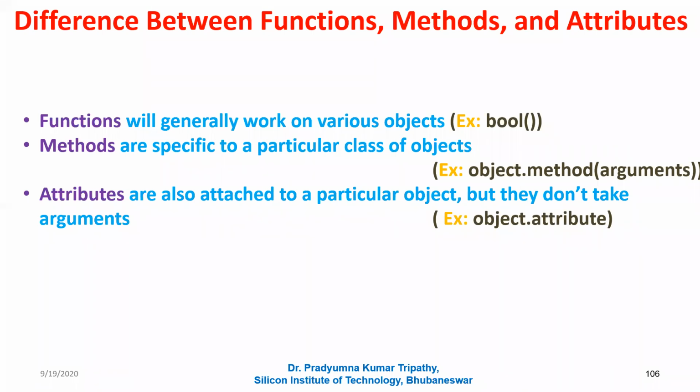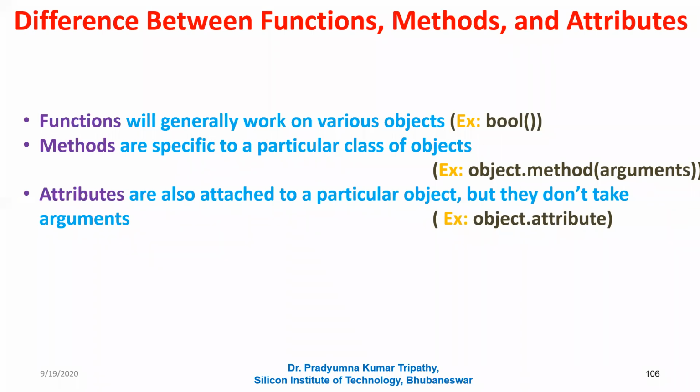If C++ or Java is covered, you must know that objects invoke methods as object dot method, correct? So if the same method is for a particular object, that means it is for a particular class. Then those are called methods. Methods are specific to a particular class of object.